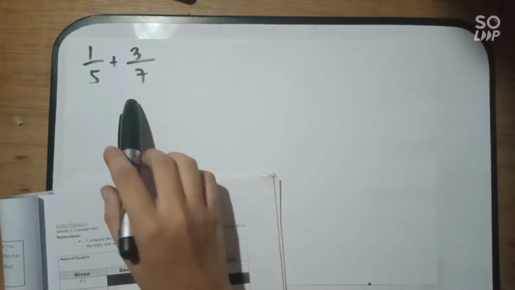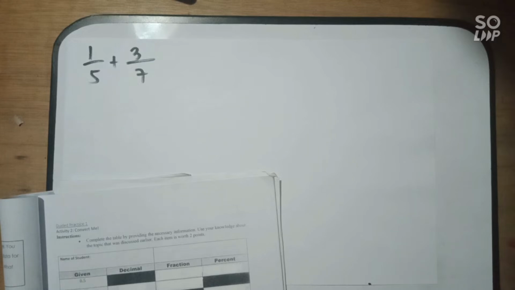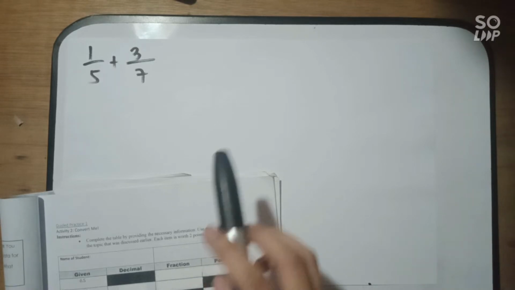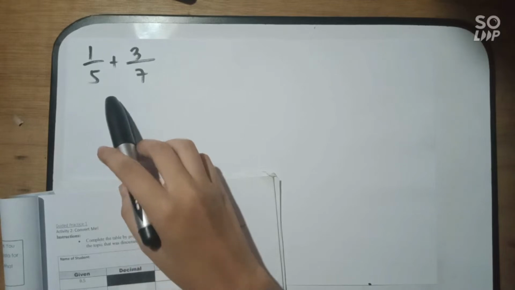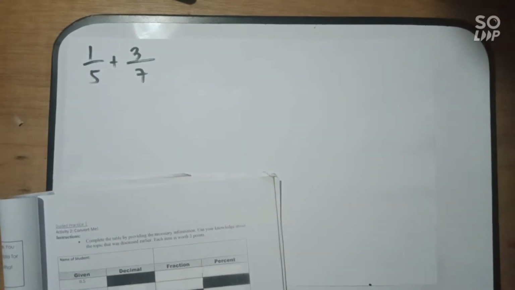Since in the given, the two denominators are prime numbers, we can simply get the LCD by multiplying the two denominators. So 5 times 7 is equals to 35. Therefore, the LCD is 35. But first, we need to make these fractions into similar fractions. In making it into similar fractions, we divide the LCD by the denominator and multiply it to its corresponding numerator.